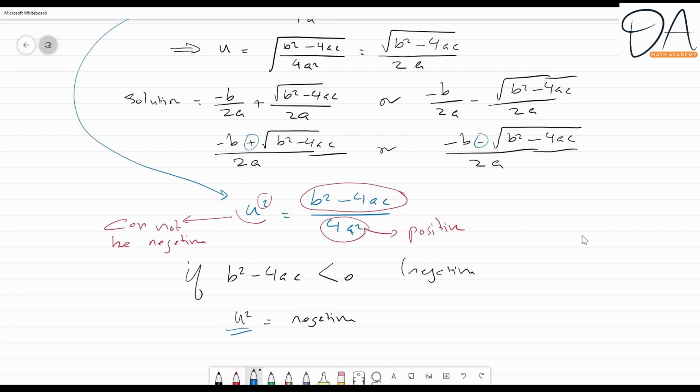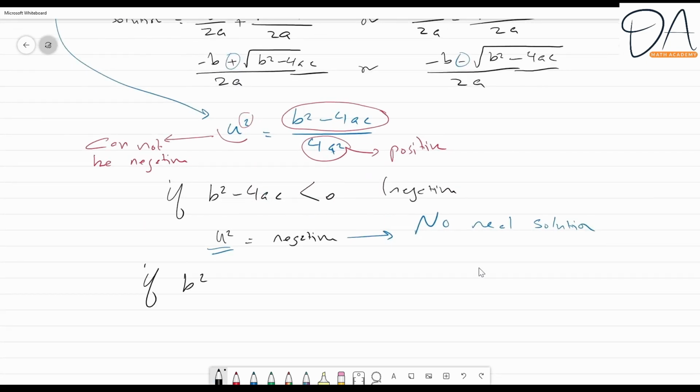What this means is that there is no real solution. We will not be able to find any real number that, when we square it, will give us a negative. There is a solution if we consider complex numbers, but if you are considering real numbers, there is no real solution for this case. Now, if this is 0, what will happen is that this is 0 divided by 4a squared, so that will give you 0. In other words, u squared equals 0, or u equals 0.